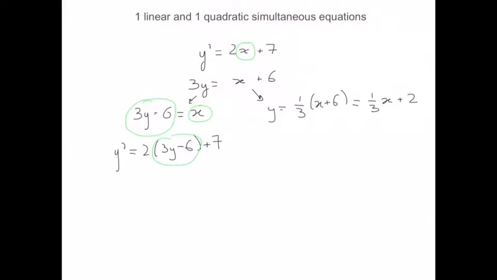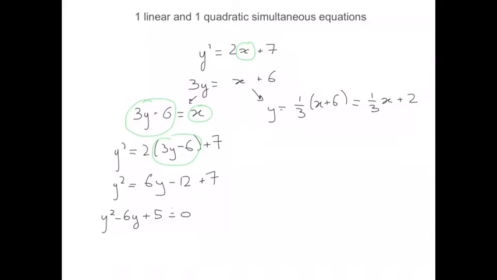If we expand, we get that y squared is equal to 6y minus 12 plus 7. And if we put everything on the left-hand side, we get y squared minus 6y plus 5 equals 0. So you see, basically, we end up with one quadratic equation in y here that we need to solve.